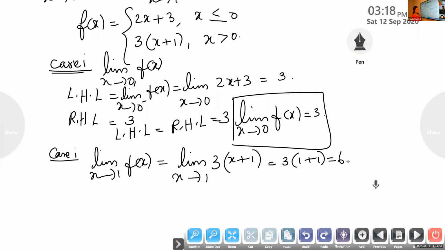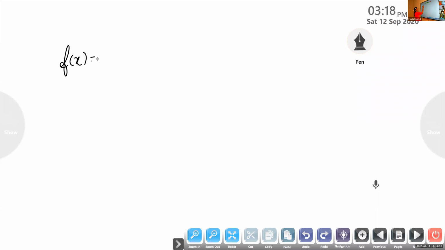Next one is an important one. Let f of x be equal to a plus bx if x is less than 1, 4 if x is equal to 1, and b minus ax if x is greater than 1.